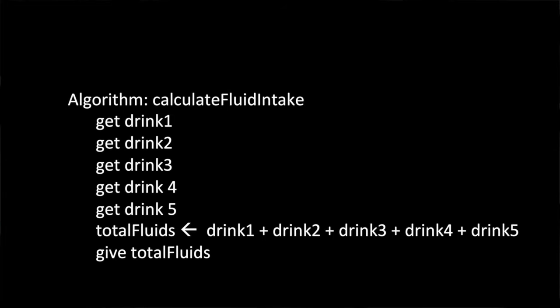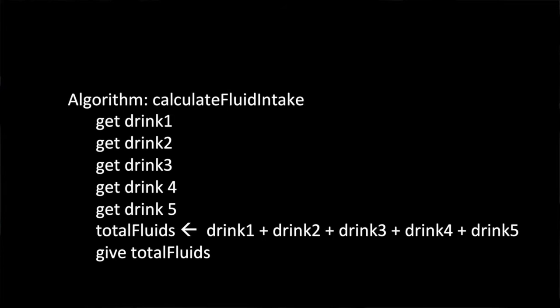I will get the value of drink 1. And what that means basically is from the user somehow, either through the keyboard or reading somehow, we'll get a number and we'll store it in a variable called drink 1. And I'll do exactly the same thing for drink 2 and drink 3, drink 4, and drink 5.